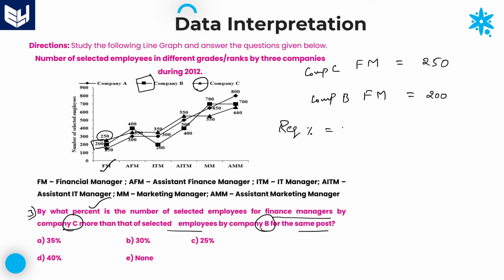The required percentage is equal to number of selected employees for finance manager by company C is how much more than that of company B. Percentage more than is nothing but the difference between those two values, the values which we are comparing, divided by the less value, right?